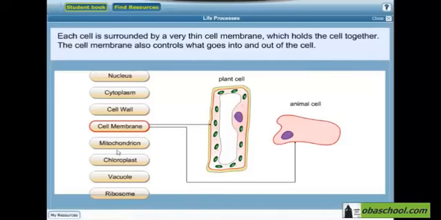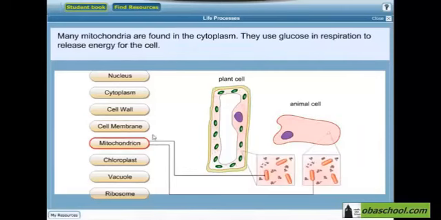Next we have the mitochondrion, which is the singular of mitochondria. Here we can see the mitochondria inside the plant cell and inside the animal cell. One of these small orange rods is a mitochondrion. The mitochondria are found in the cytoplasm.